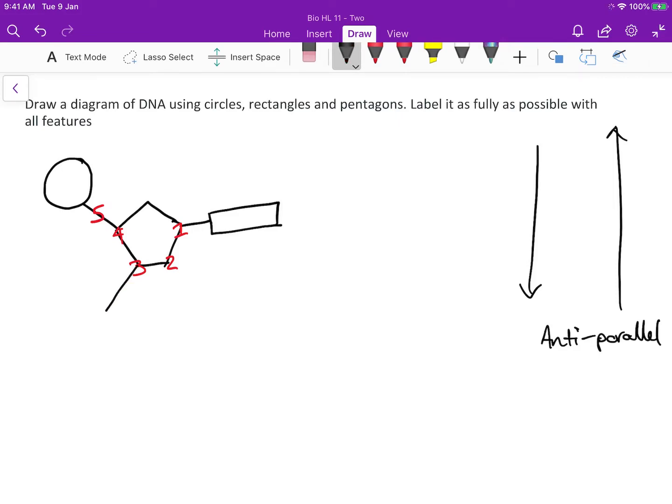And the linkage was between 3. We go 3, then we do another circle, and then we go down, and we do another house, another one of these pentagons.